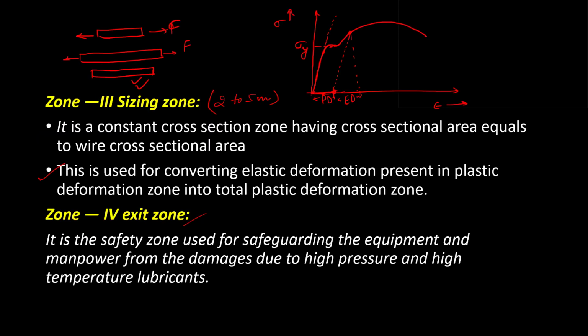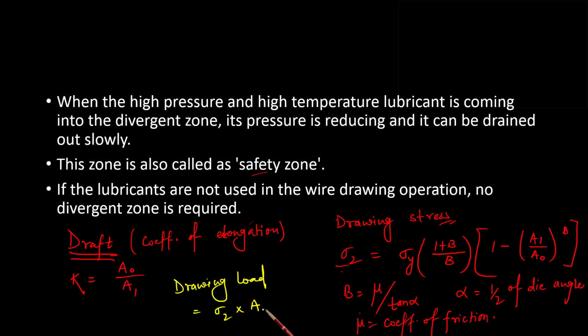Obviously it is sigma 2 into A1, because the force is applied on this side, it is pulled, it is not pushed from this side. So the force is applied on this surface, and load is pressure into area, so that will be A1. Be careful about this one.